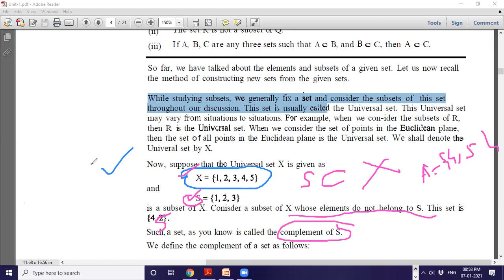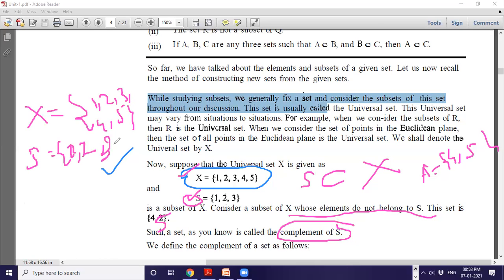ठीक है, मैं फिर से डिफाइन कर रहा हूँ. एक सेट मैंने लिया X = {1, 2, 3, 4, 5}, ठीक है. और एक सेट मैंने लिया S = {1, 2, 3}. Okay, now I have a set A = {4, 5}.